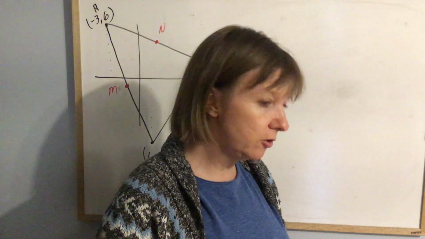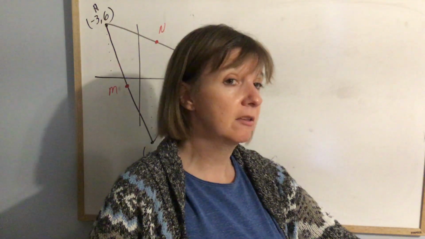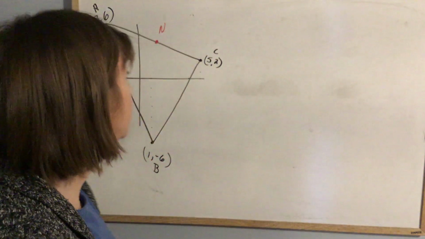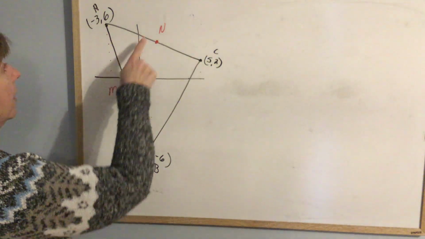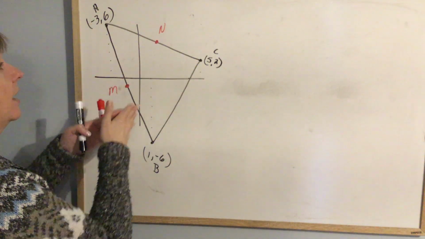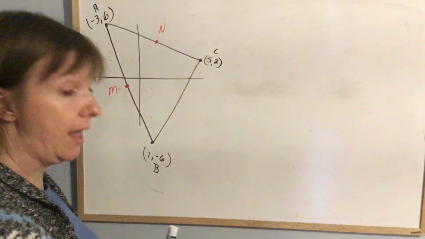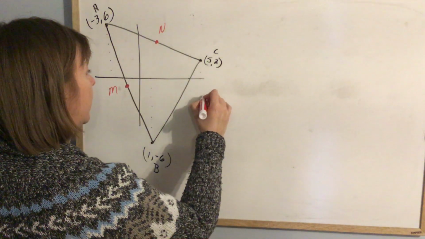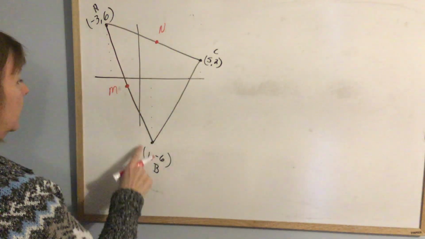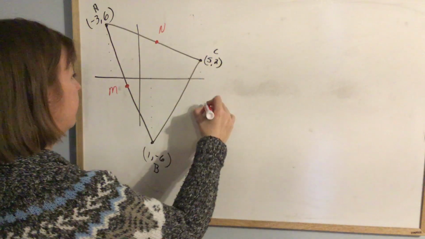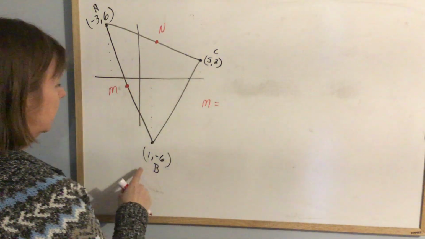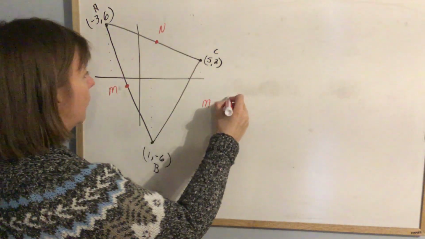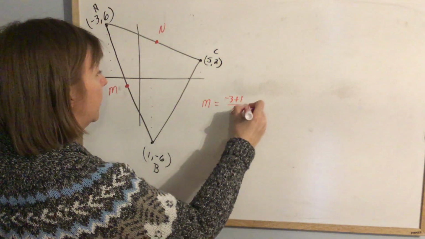Now, right about here doesn't really work for math. So the first thing I'm going to do, I haven't even seen what it's asking me to do yet. Doesn't matter. The first thing I'm going to do is figure out where exactly is M, where exactly is N. So for point M, I'm going to find the midpoint between here and here. So I'm going to do x plus x, so -3 plus 1 divided by 2.